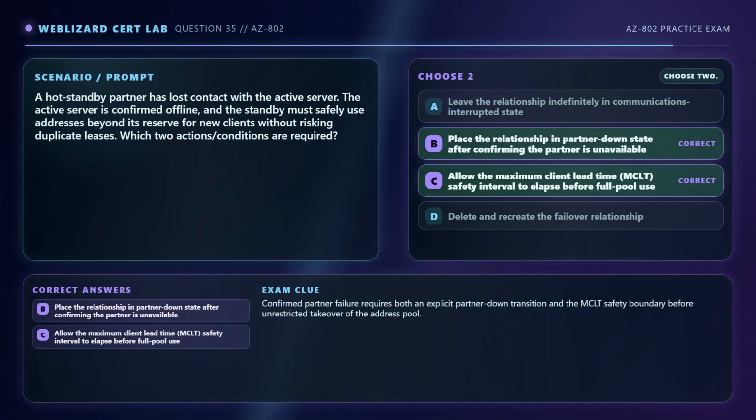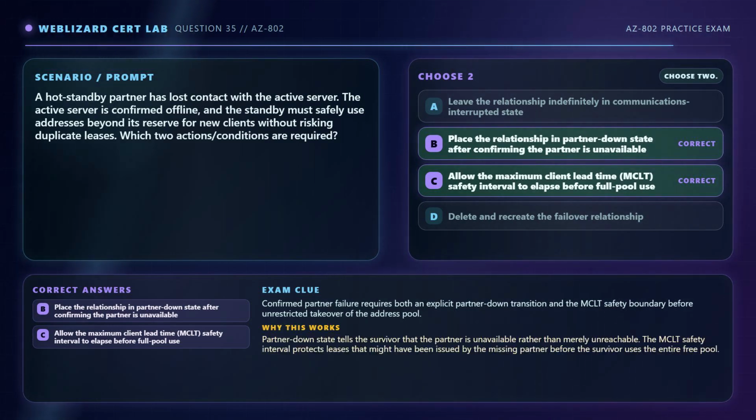The correct answers are B and C. Option B, place the relationship in partner down state after confirming the partner is unavailable. Option C, allow the maximum client lead time, MCLT, safety interval to elapse before full pool use. Partner down state tells a survivor that the partner is unavailable, rather than merely unreachable.